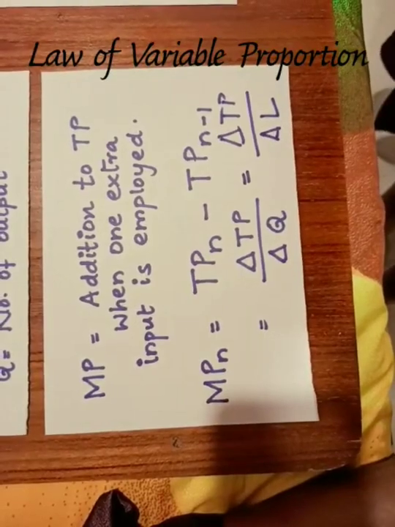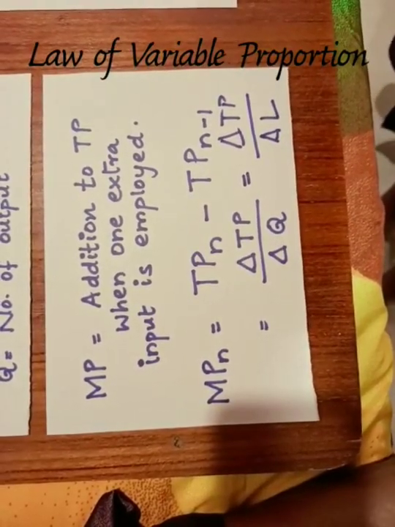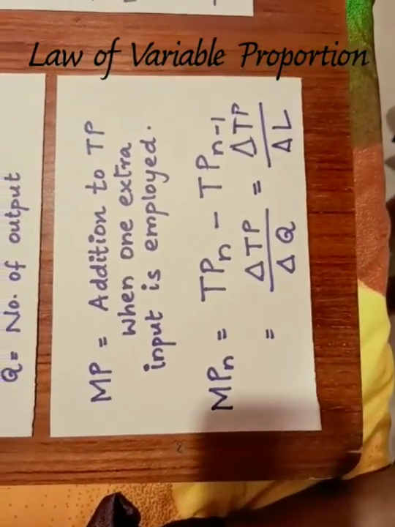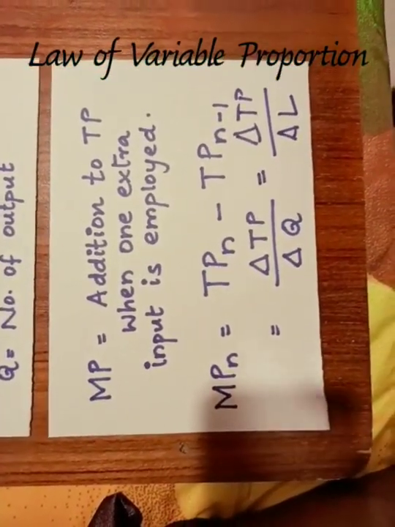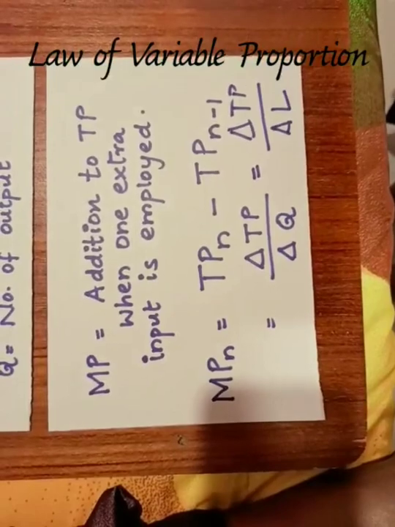Now for moving further you need all these three concepts. So now we are moving on to a law, that is returns to factor. The law is called law of variable proportion.